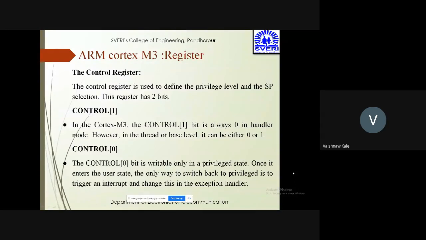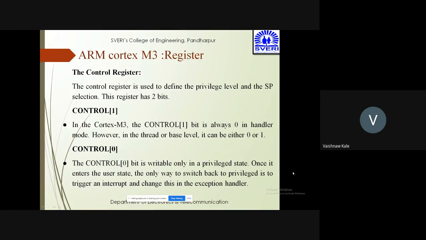This is the control register. The control register is to define the privilege level and SP selection. This register has 2 bits, one is 1 and the other one is 0. Control 1 bit is always 0 in handler mode, but it is 0 or 1 in the thread or base level. Whereas control 0 bit is writable only in a privilege state.